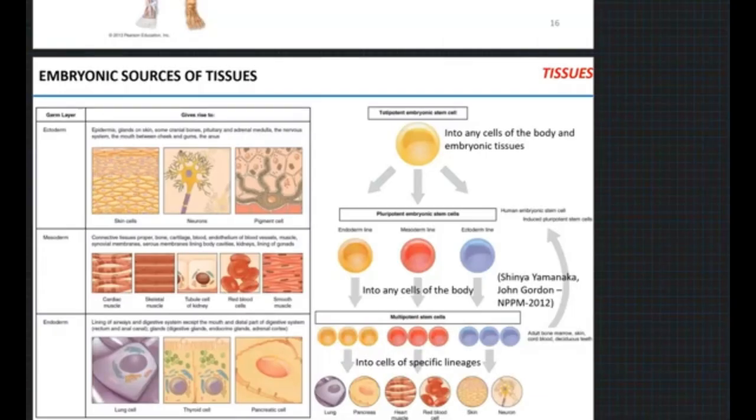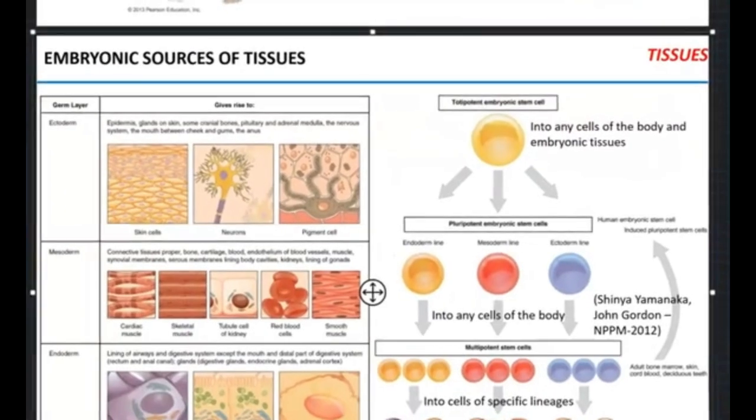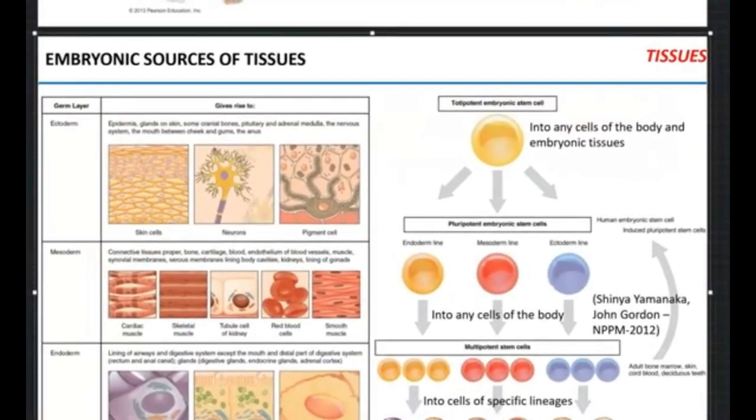Okay? So now, when you look at embryonic sources of tissues and on the embryonic development in general, I want you to be comfortable with two terms. One term is proliferation.